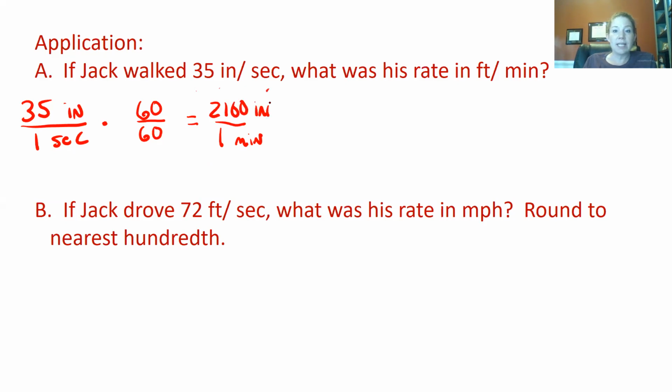Well, we don't want inches, do we? We want feet. So now what are we going to do? How are we going to turn this into feet? Well, the only way to do that is to divide by 12.